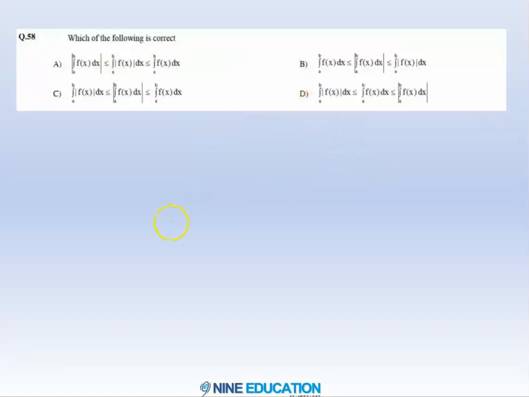Question number 58 is, which of the following is correct? So you just need to understand one thing, that definite integration gives you the algebraic sum of areas from whatever limits are defined. Suppose there is a curve like this, and you are targeting to find out the area from A to B. This is A, this is B. So this area is positive and this area will be negative, and the definite integration will count them as positive and negative only.